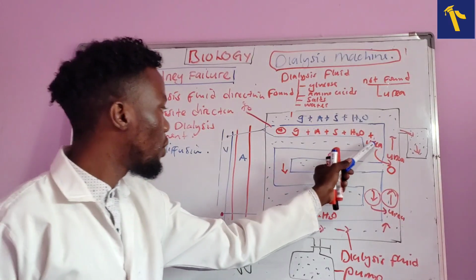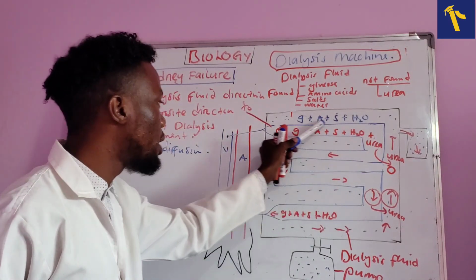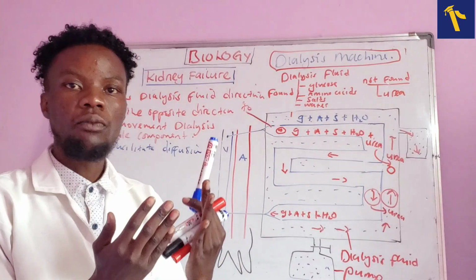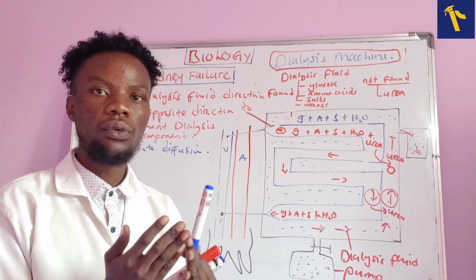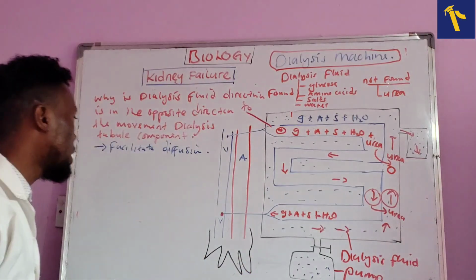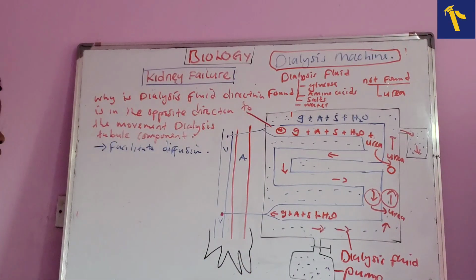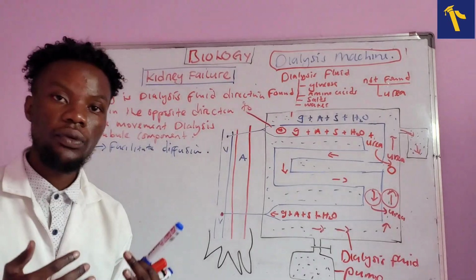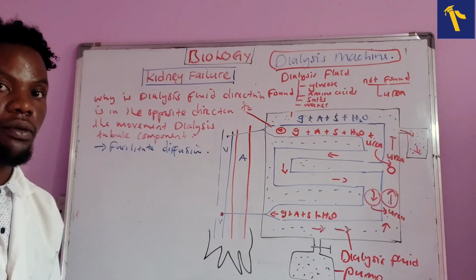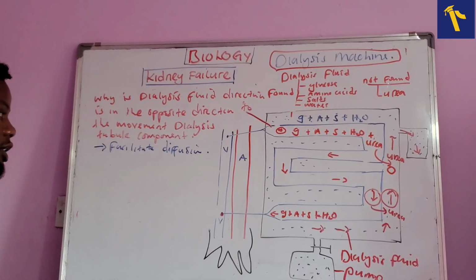So for urea to come out of this dialysis tube, it is because of this opposite direction of fluid. Okay, it's because of that. So that's why it is important to know about that. It's just making sure that there is diffusion happening there. That's the main reason behind that direction.